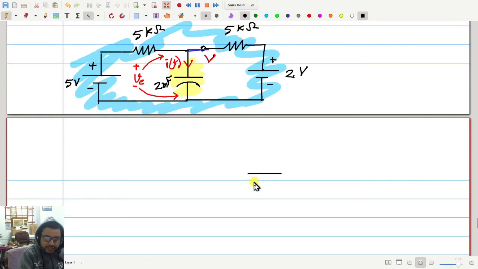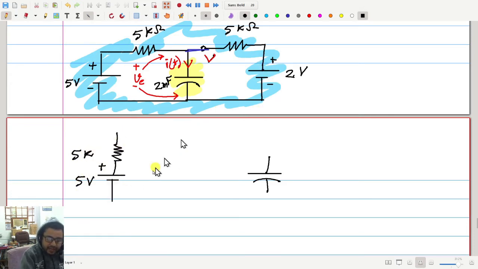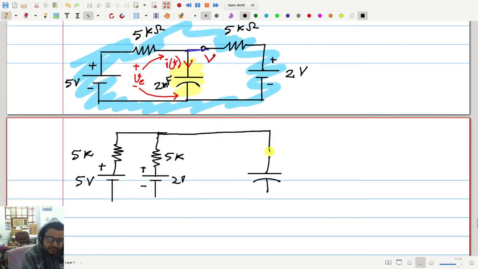So let me draw the capacitor separately, and let me draw everything else separately. So we have this 5 volt source. In series there is a 5K resistance, and here another 2 volt source, another 5K resistance. And they are connected like this.